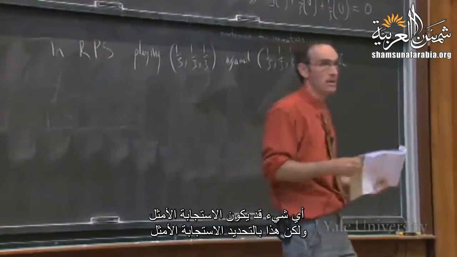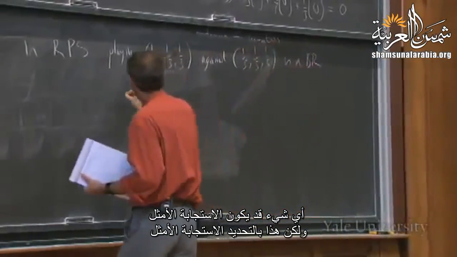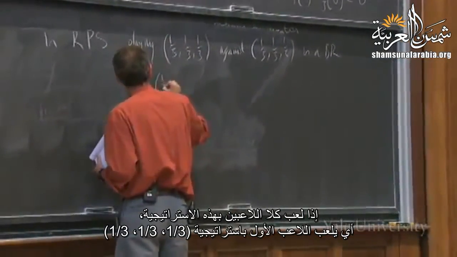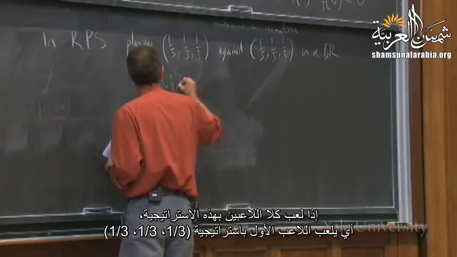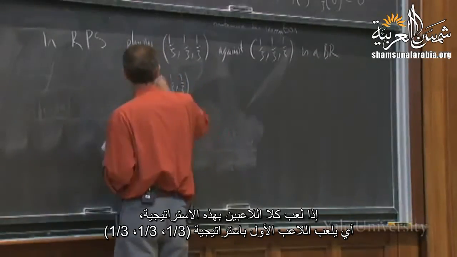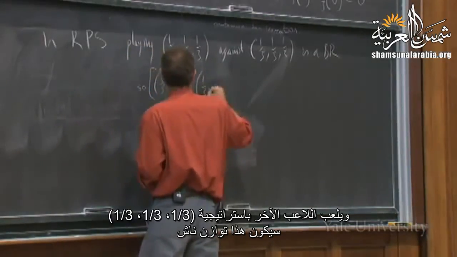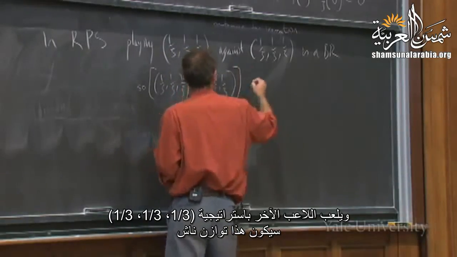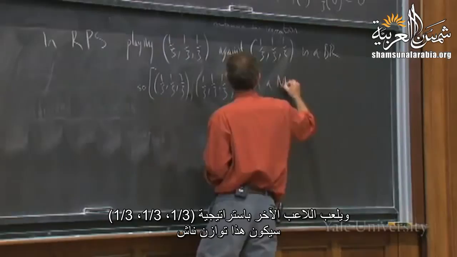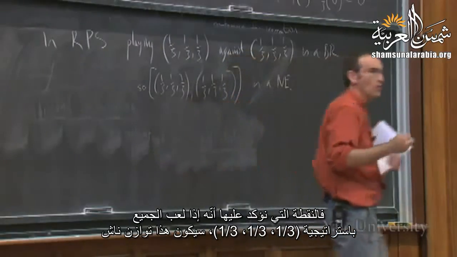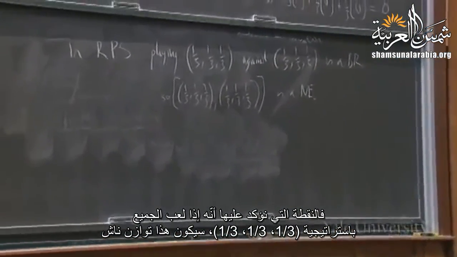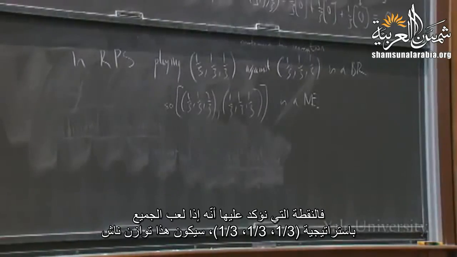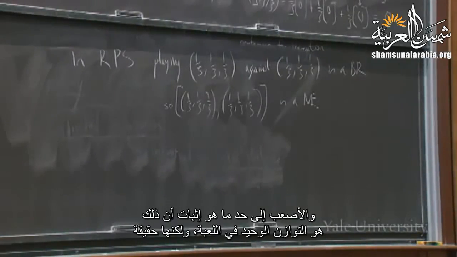In fact, anything would be a best response, but in particular, it's a best response. So if both people play this, one person plays a third, a third, a third, and the other person plays a third, a third, a third, this is a Nash equilibrium. So we're belaboring a point that we all knew already. If everyone plays a third, a third, a third, that is a Nash equilibrium. It's a little harder to show, but it's true that that's the only equilibrium in the game.